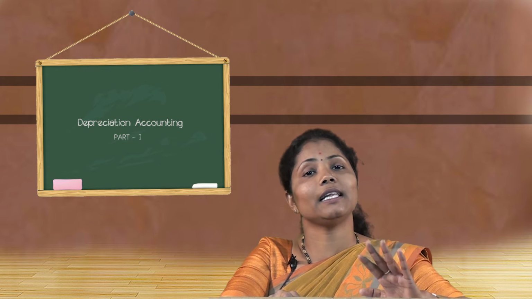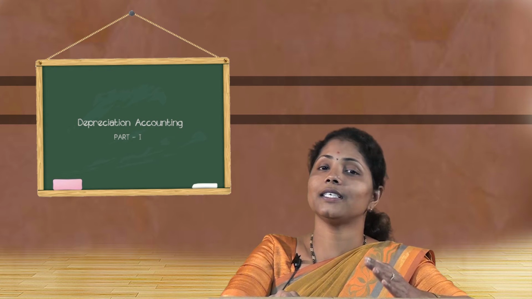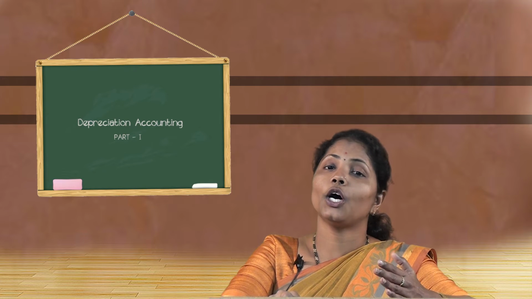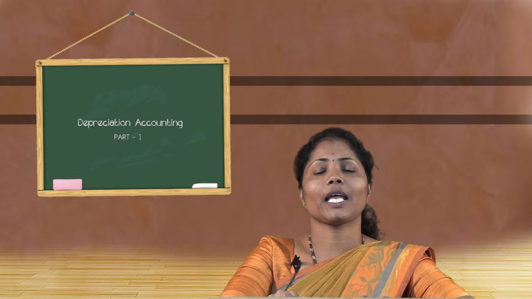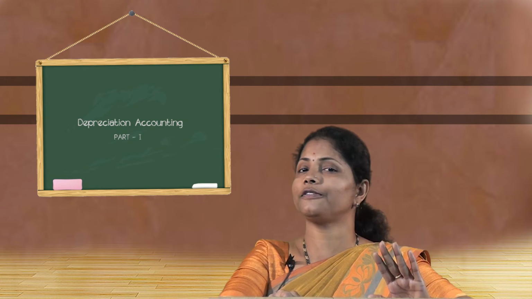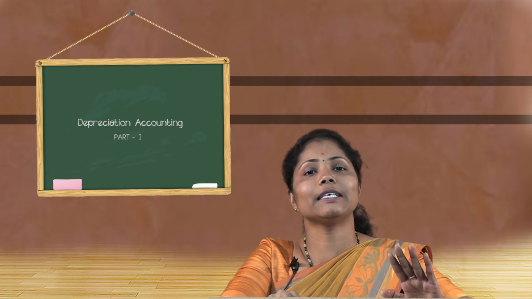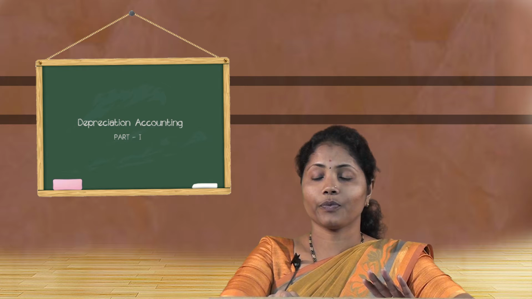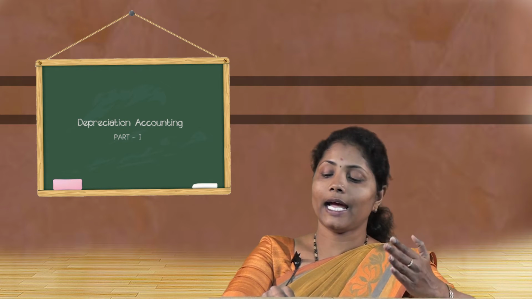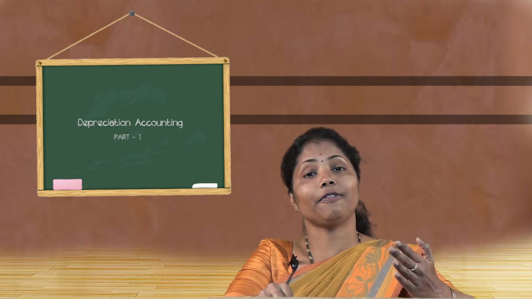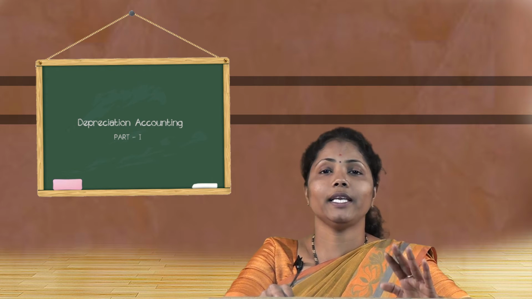So, depreciation literally means a decrease in the value or price of the asset due to any cause. I will give the simple definition of depreciation given by R.N. Carter. According to him, depreciation is gradual and permanent decrease in the value of an asset from any cause.